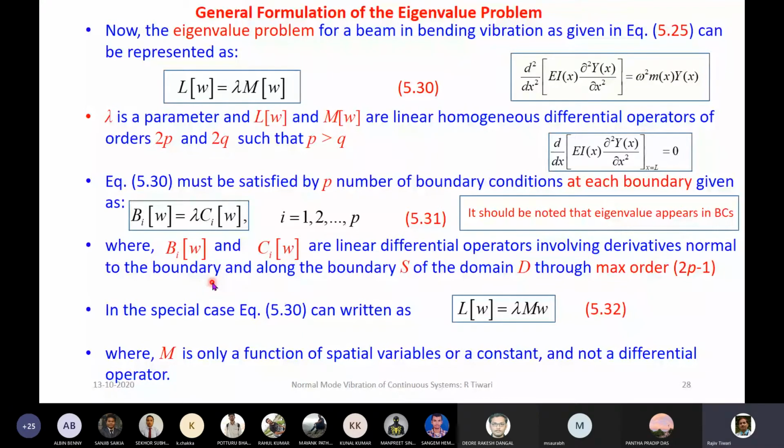So these boundary conditions can involve derivatives normal to the boundary and along the boundary of the domain. So here I'm talking about a more general boundary condition formulation. And here B_i or C_i will be having maximum derivative order 2p minus 1. So the L operator is having order of differentiation 2p, but boundary conditions will be having one less order of differentiation as compared to the eigenvalue problem.